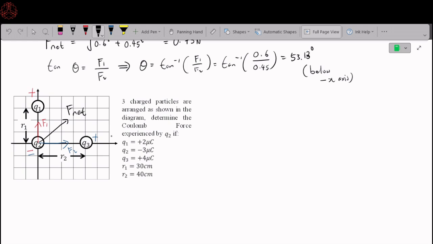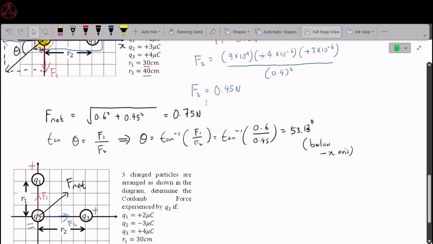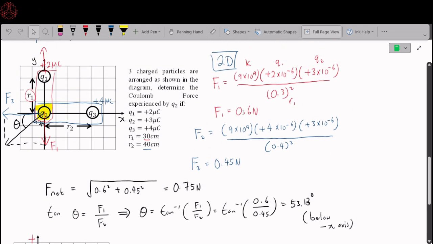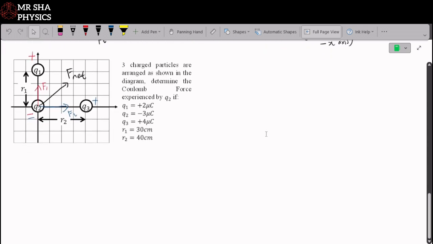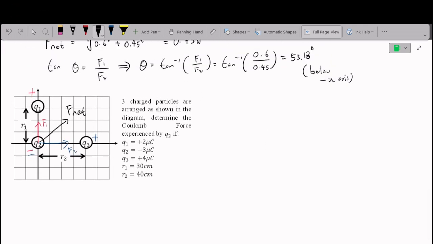Because I remain all of the values the same apart from the charge of Q2, the values are going to be the same as before. We can see here F1 was 0.6. For this particular case, F1 is simply going to be negative 0.6. I write down the calculation here, but we know for a fact that it's going to be negative 0.6.